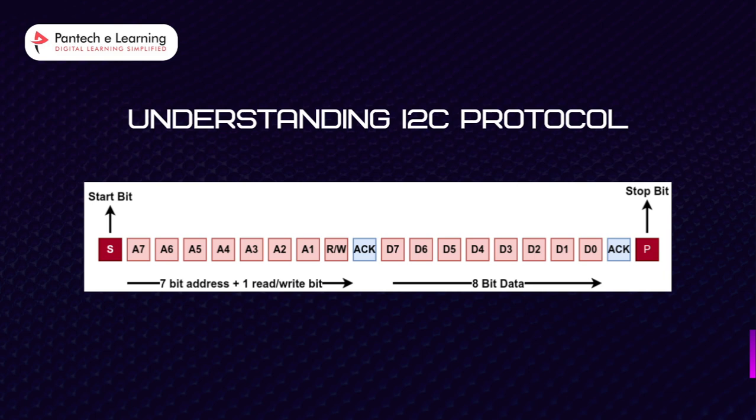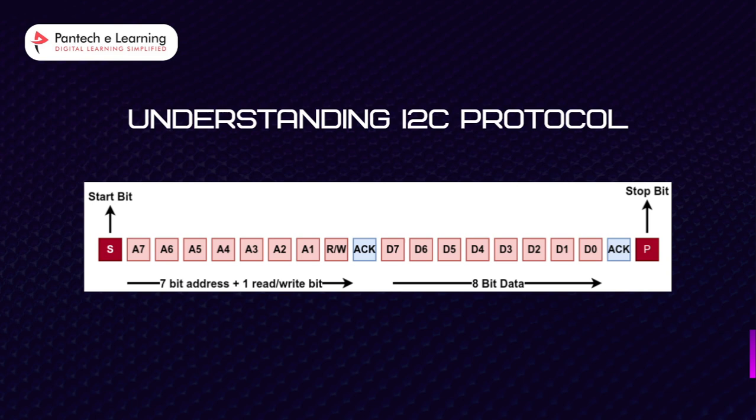After sending the address, the slave will compare it with its own address. If the address matches, the slave will send an acknowledgement bit to the master. Once the master receives the acknowledgement bit, it will start the read or write operation according to the read or write bit sent earlier in the address phase.